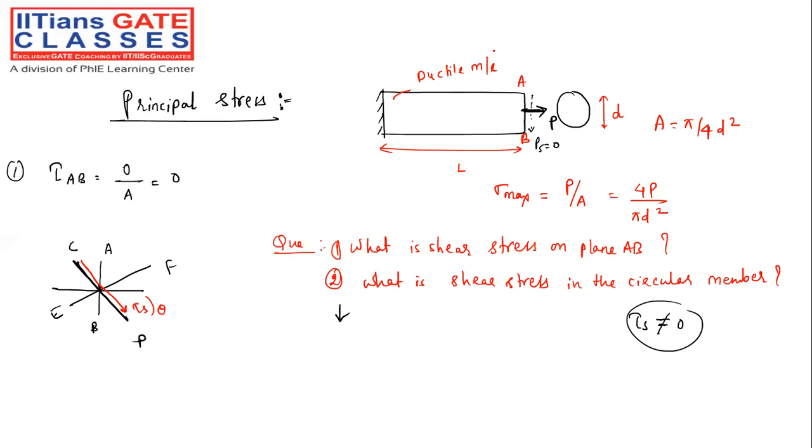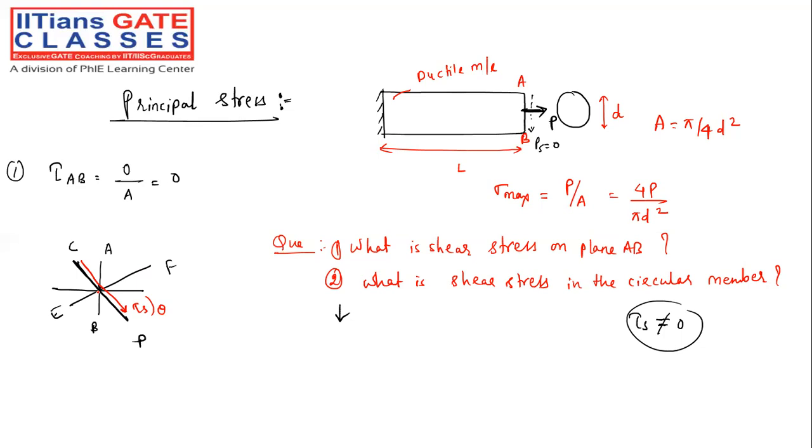Now, further, what we can understand. Basically, we want to find the maximum shear stress developing in the material at a particular plane passing through a point. What is the maximum value of the shear stress, so that we can come to know how much maximum shear stress is acting, so that we can save the material beforehand?